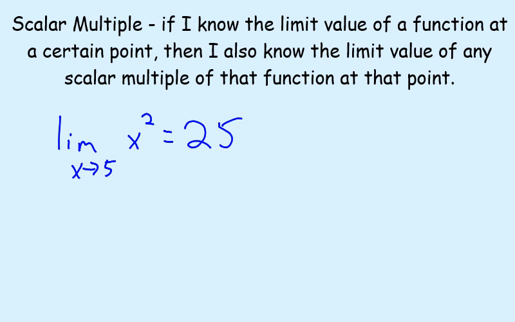And then if I multiply my x squared by, let's say, 1/5, so I have a new function, taking the limit value of that, I can also just divide 25 by 5, and I get my new limit is 5. So if I multiply the function, I can multiply the answer and still get the new answer.